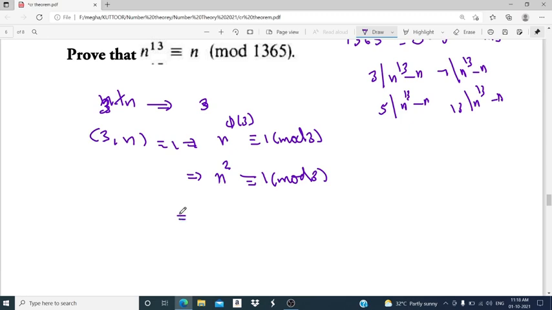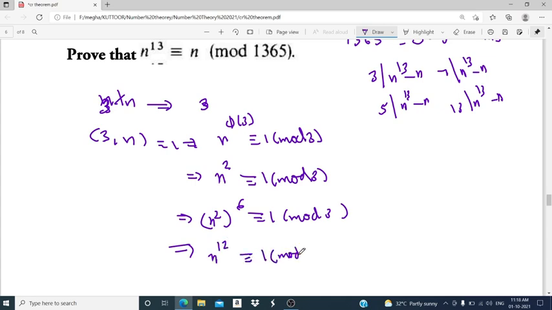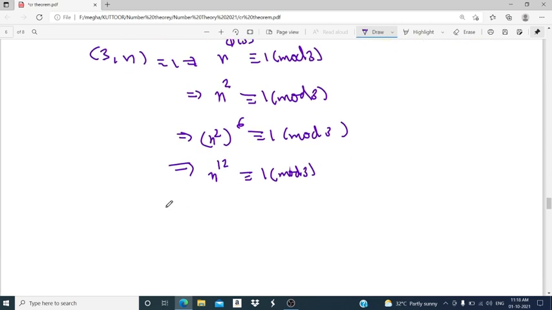That implies n square whole raised to 6 is also congruent to 1 mod 3, or we can say that n raised to 12 is congruent to 1 mod 3. That implies n raised to 13 is congruent to n mod 3. That implies 3 divides n raised to 13 minus n.